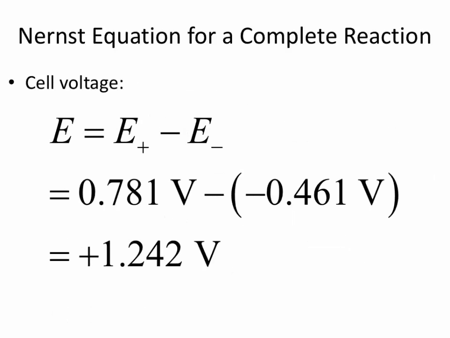And the overall cell voltage, our overall E or E cell, is equal to our E plus, which was 0.781 volts, minus our E minus, which was minus 0.461 volts, which then gives us an overall value of positive 1.242 volts.